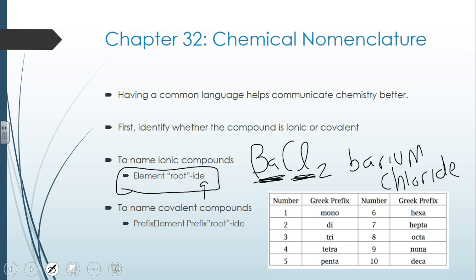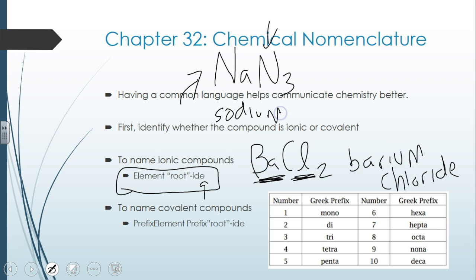What if we have something like NaN3? This is an ionic compound. It's sodium and nitrogen together. And so Na, what's the name of that element? Sodium. And then N is nitrogen. What's the root of nitrogen?